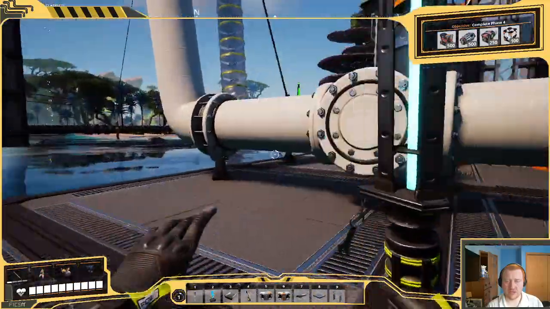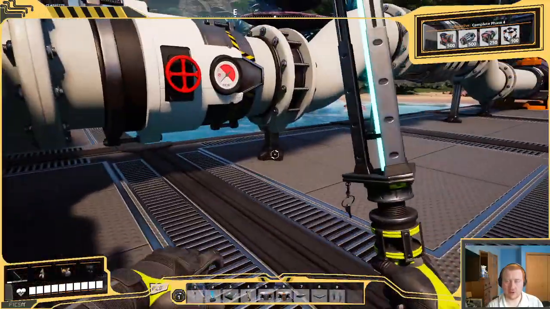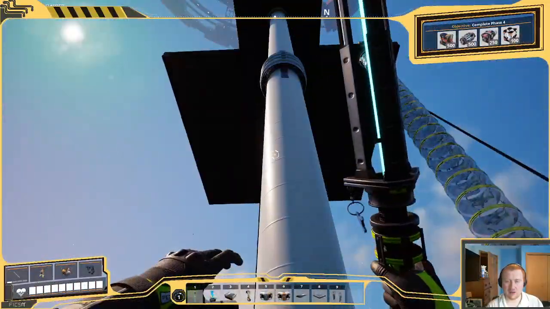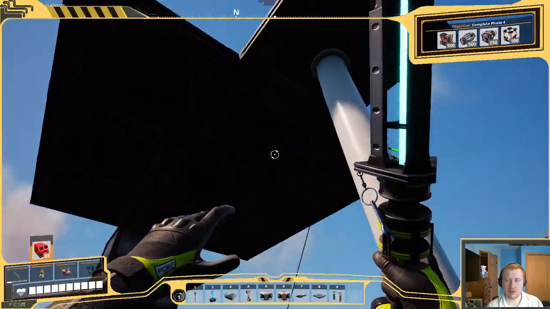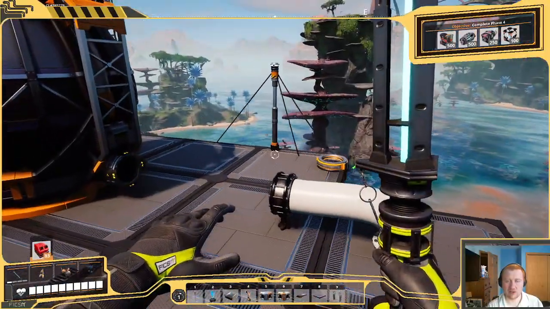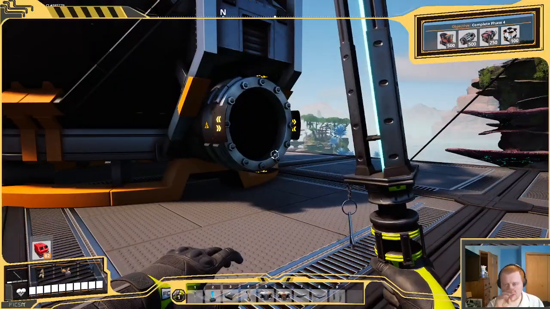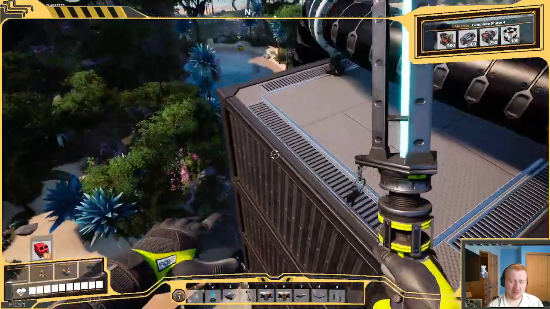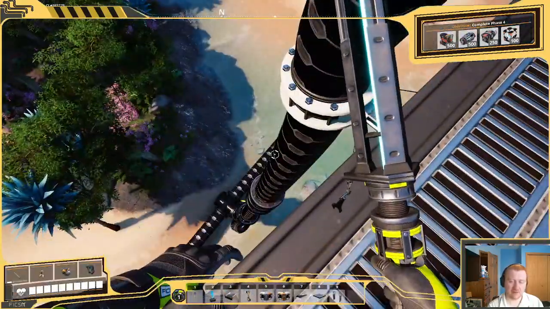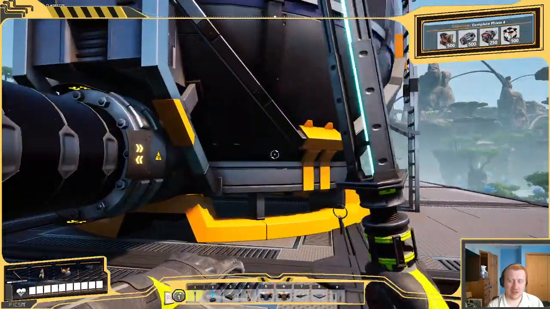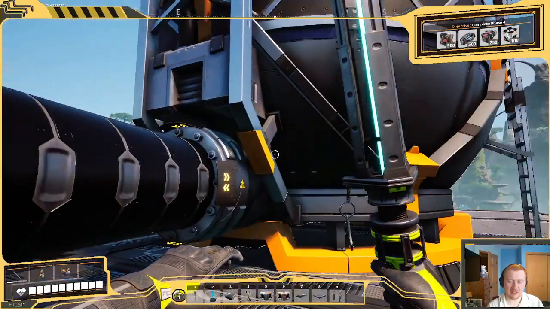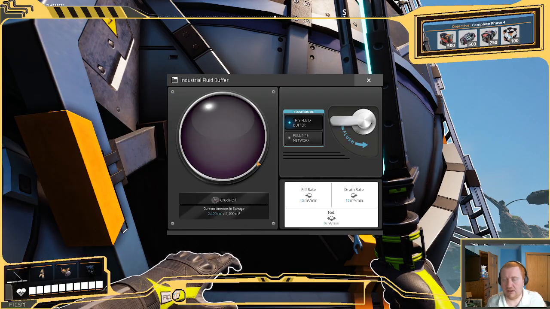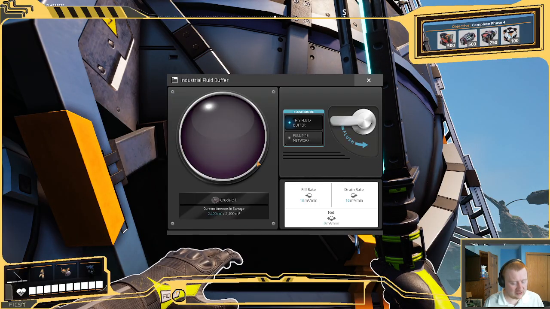Many other tutorials say that you want an overflow pipe, but I don't think it would be a good idea to completely load the system up to 300 meters cubed per minute, because if let's say the input flow rate was less than that, the industrial fluid buffer would then empty, and then the downstream system would fail.